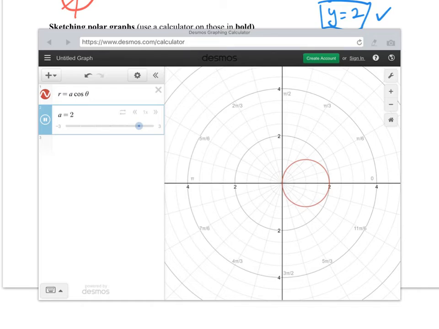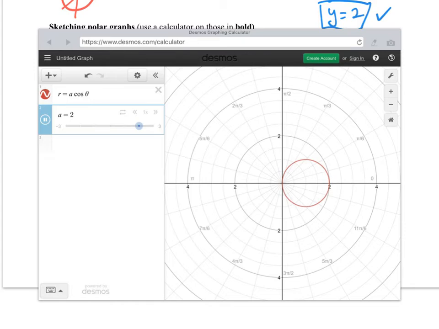The biggest that I go for is a equal to 3 or a equal to negative 3 on the lower end. And so notice that this is as far out as I go. This is when a is equal to 3, and this is where a is equal to negative 3. So you can see how that graph goes about. You're using the diameter to graph this with the 3 rather than the radius.